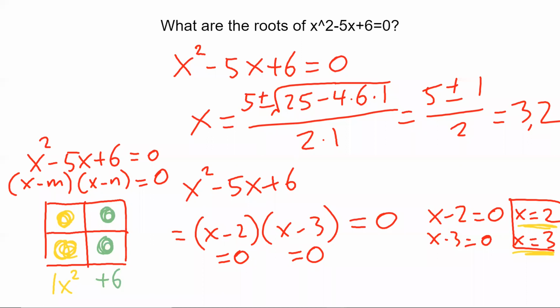If we think about ways that two numbers can multiply up to 1x squared, then there's really only one intuitive way to do it, which is to say that this box is 1x and this box is 1x, right?